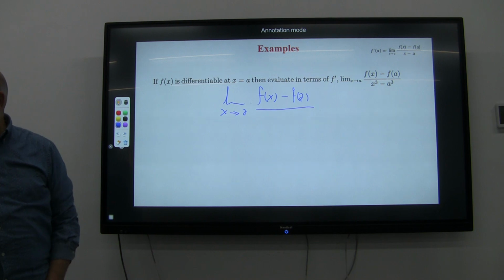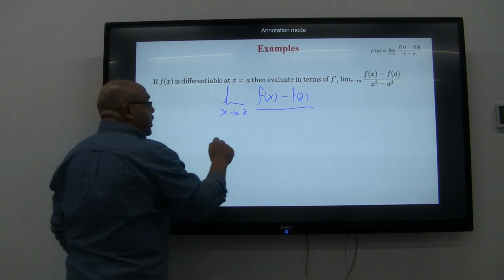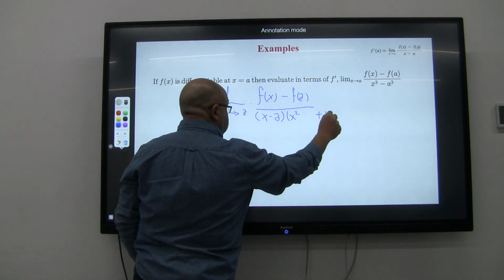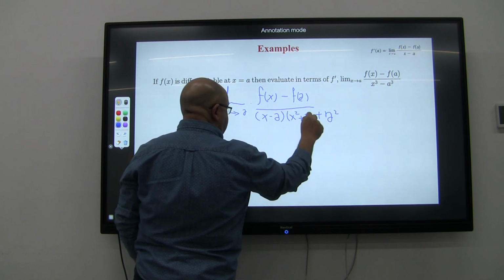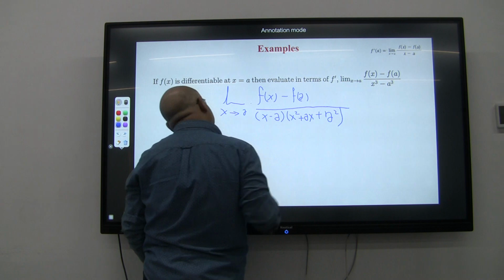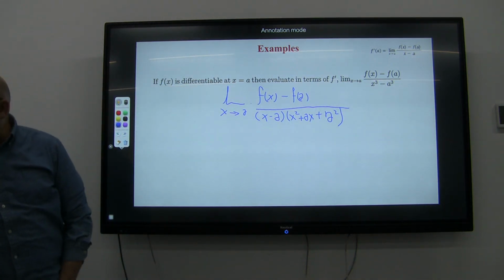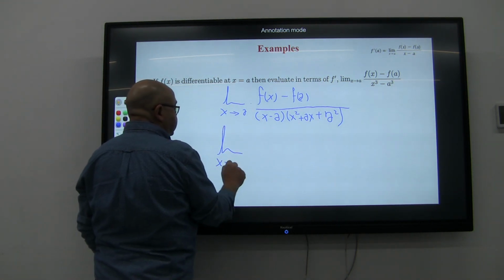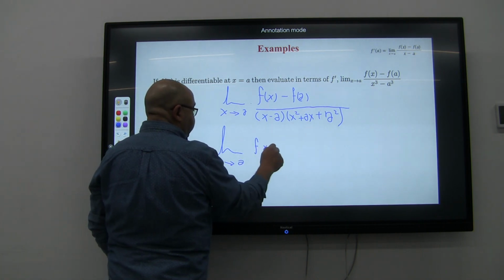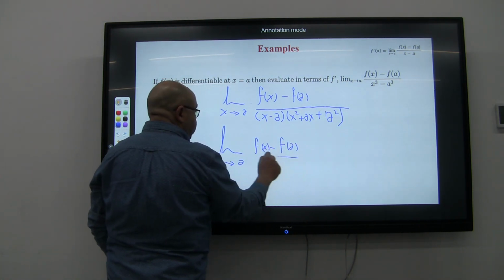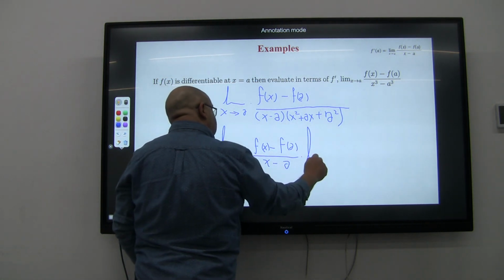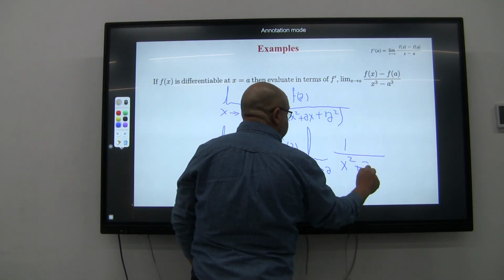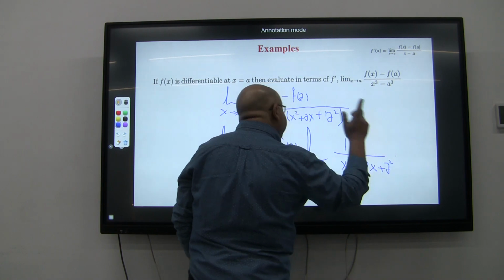If you remember the factorization of x cube minus a cube, it can be factorized simply to be in the form x minus a times x squared plus a squared plus a times x. ده الفاكتورايزنج بتاع this denominator. لو انا فكيته بالشكل ده اقدر اخلي الليمت limit x tends to a of f of x minus f of a divided by x minus a times limit x tends to a of 1 divided by x squared plus ax plus a squared. Any questions?